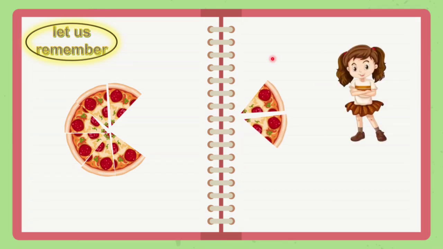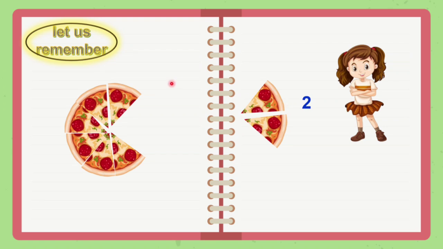Okay, what if we give this girl 2 parts of the pizza? Can we represent these 2 parts as a fraction? Yes, of course. Let's ask ourselves, how many parts does she take? She takes 2 parts. That's right, you will write 2.